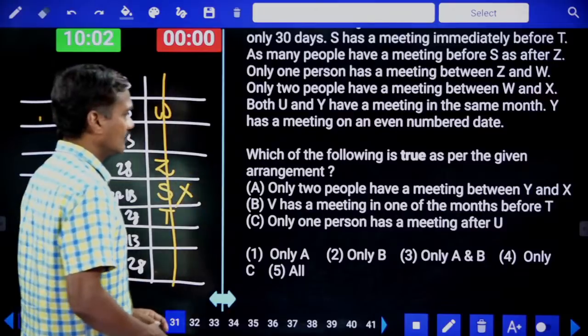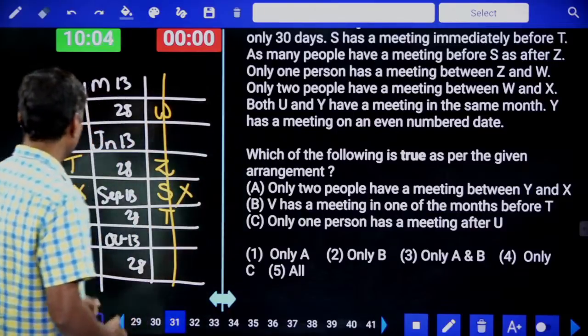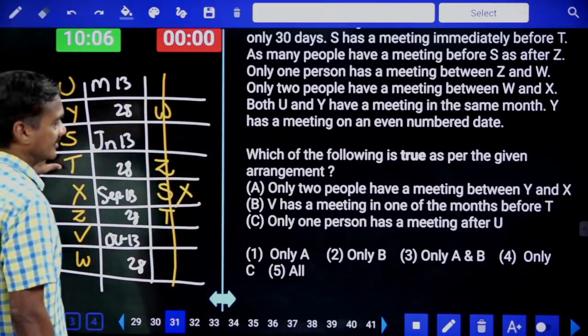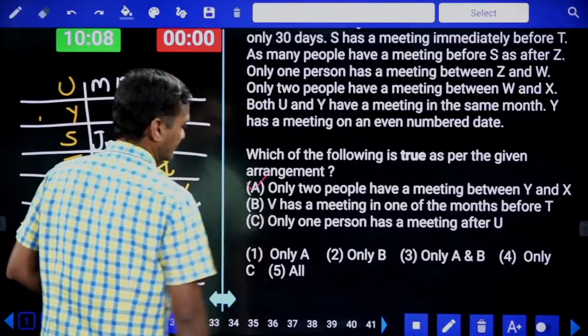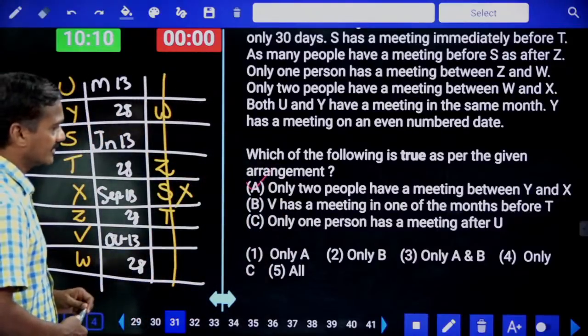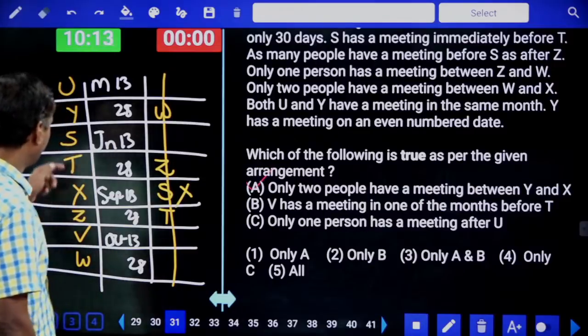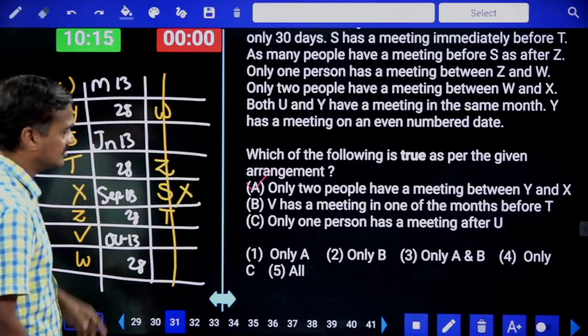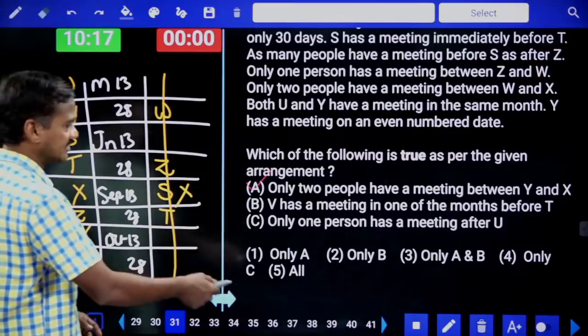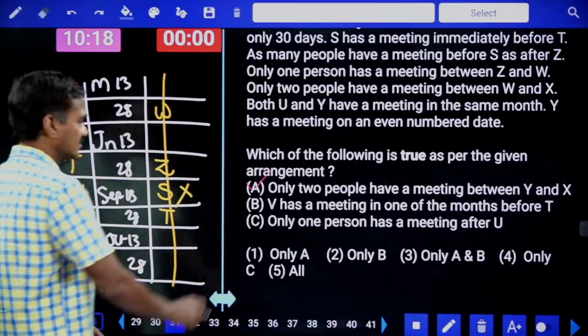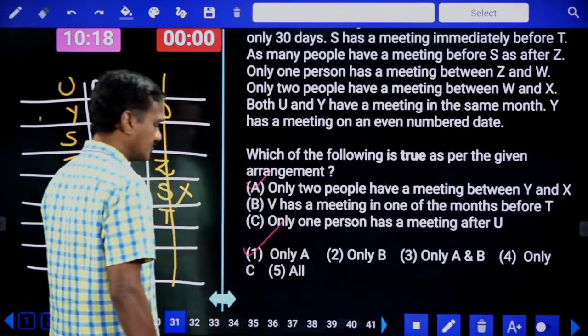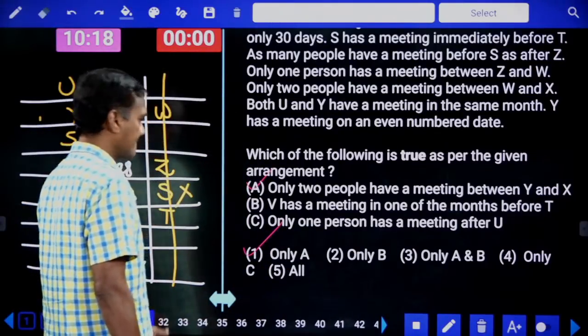Then in this, only two people have a meeting between Y and X. Y and X. Yes, definitely true. First one is true. And next one B. V has a meeting in one of the months before T. V is after T, hence B is false. As B is false, A and B is false, all is false. Then what is your answer? Only A, that is choice 1, question number 31.